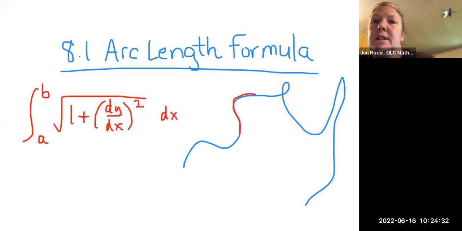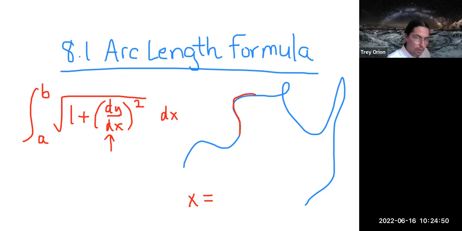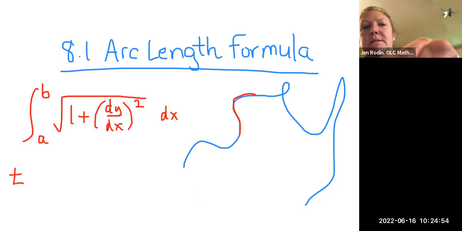Or if your function is in terms of x equals instead of y equals, then you could have this be upside down also. So it's just the derivative of your function. Okay. But I'm going to just do an example and a practice.